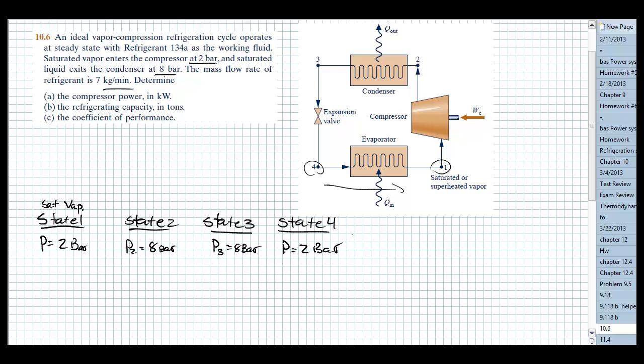So now we can go through our handy dandy property tables for refrigerant 134A. For state 1, right off the bat, we can get the enthalpy, and because it's a saturated vapor, we just need the enthalpy of the gas, Hg. So that's 241.3 kilojoules per kilogram. And we also can get the entropy, again from the gas.